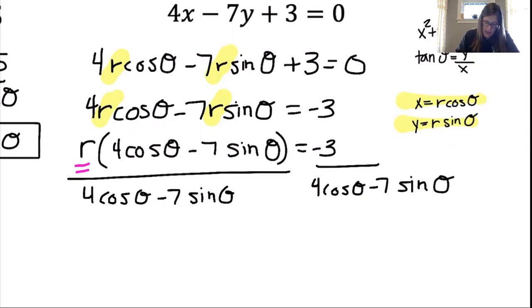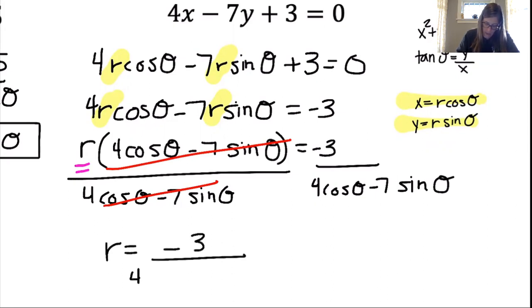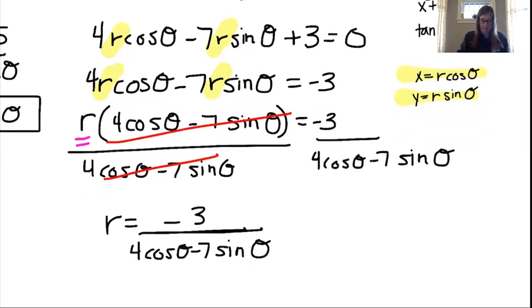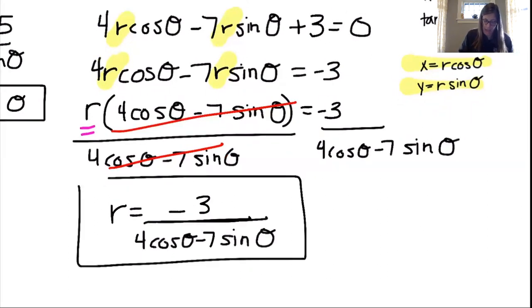This will cancel out, and I'll just have r equals -3 over 4 cosine theta minus 7 sine theta. Can't really break that up or simplify it any more than that. So this is our polar equation.